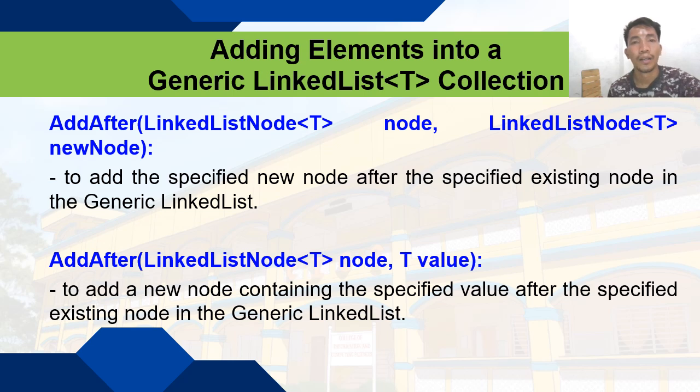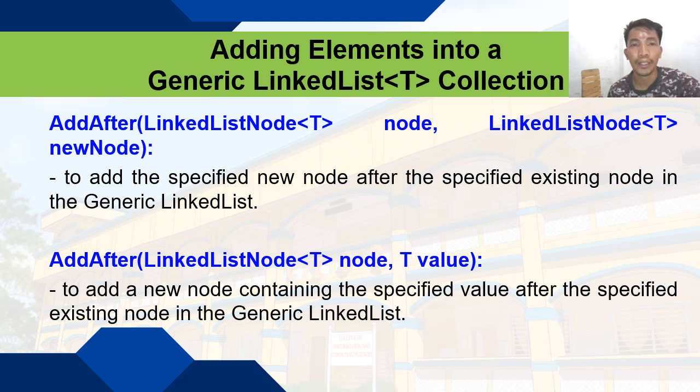So there are 6 methods that we can actually maximize with the generic linked list collection, and that's the AddAfter with a LinkedListNode and a new LinkedListNode, to add the specified new node after the specified existing node in the generic list.